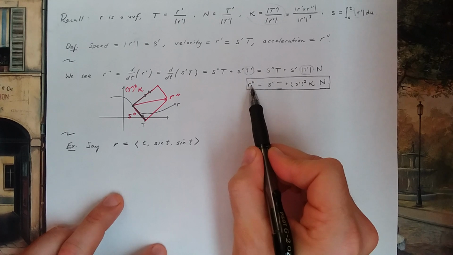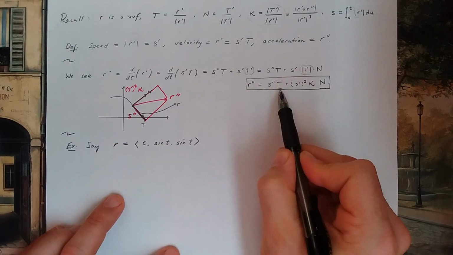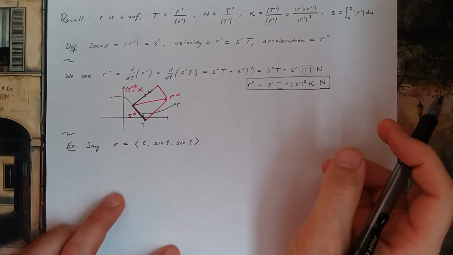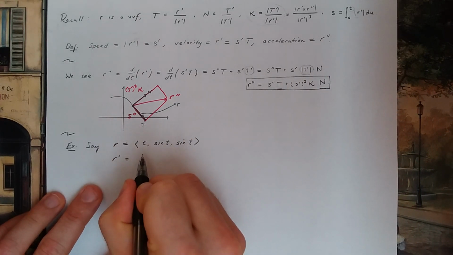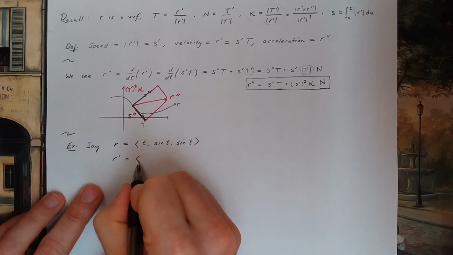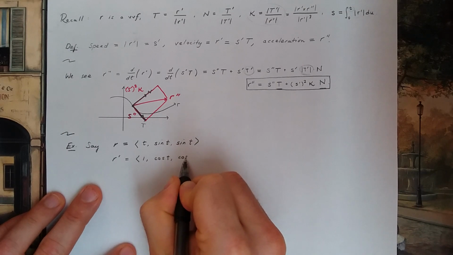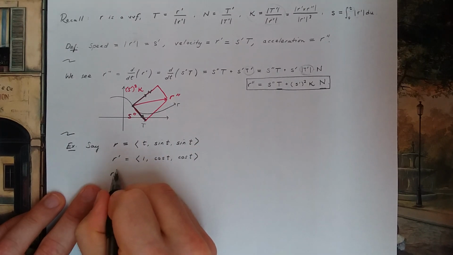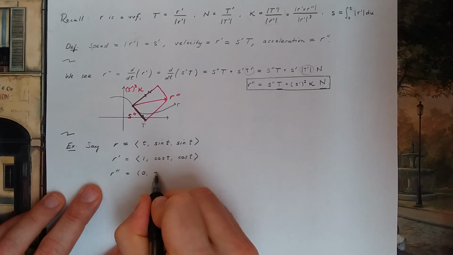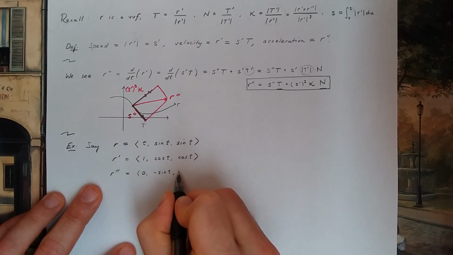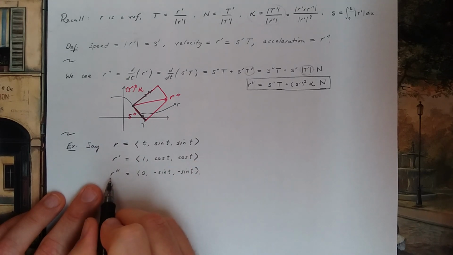Let's write the acceleration of this vector valued function in terms of the unit tangent and the unit normal vectors. So the derivative, the velocity, is 1, cosine t, cosine t. The acceleration, the second derivative, is 0, negative sine t, negative sine t.